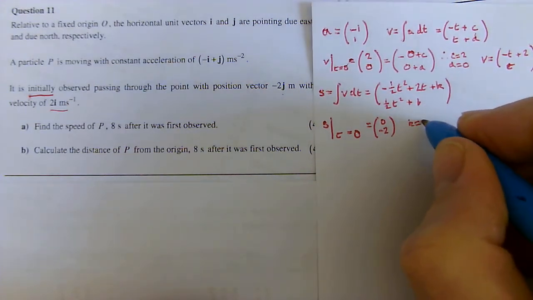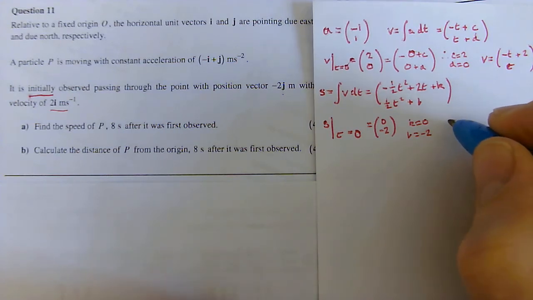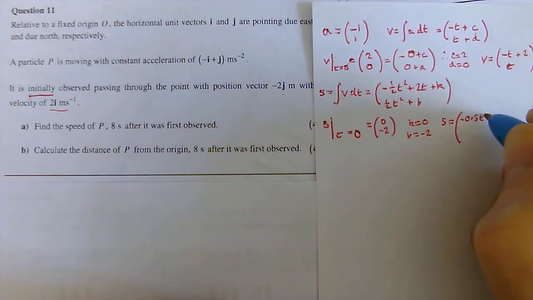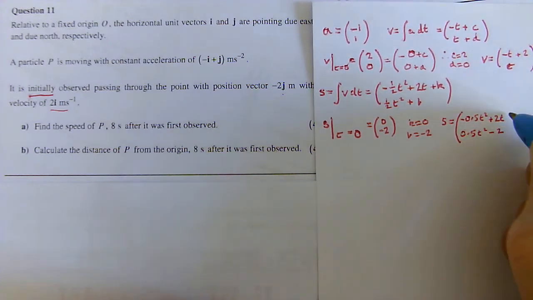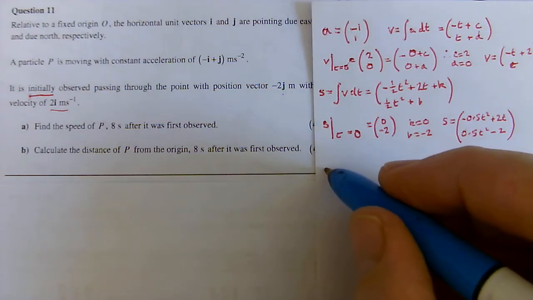K equals 0, L equals minus 2, which tells me that my formula for my position is s equals minus 0.5 t squared plus 2t and 0.5 t squared minus 2. So, once I've done that, it's just a matter of substituting in to find part A.